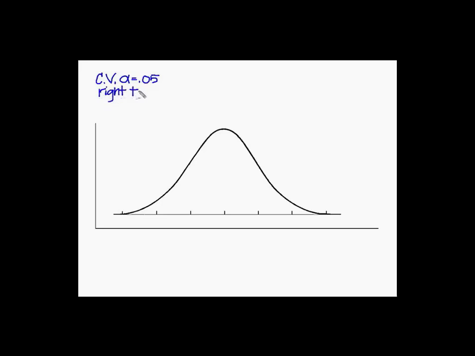And I know it's a right tail test because in my HA, I had that the mean was greater than. So what I know is the critical value for a 95% hypothesis test, right tail, is 1.645.